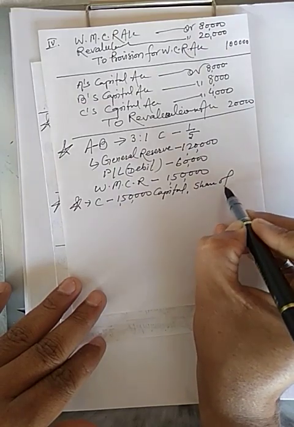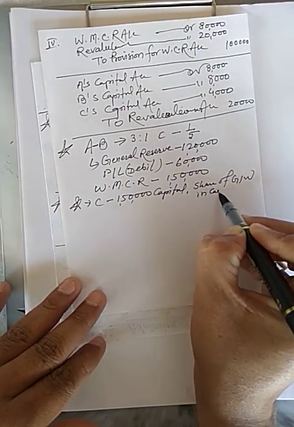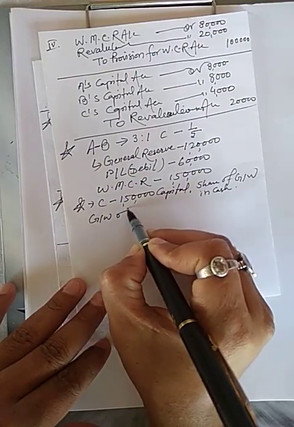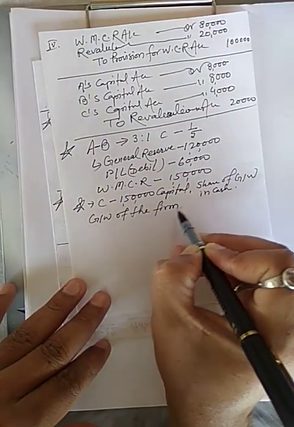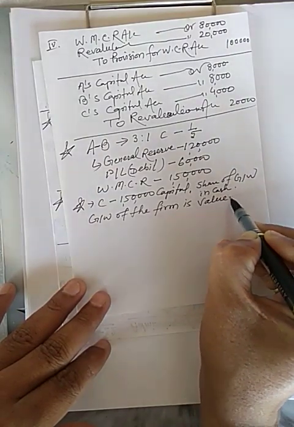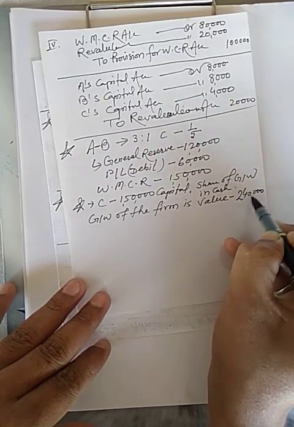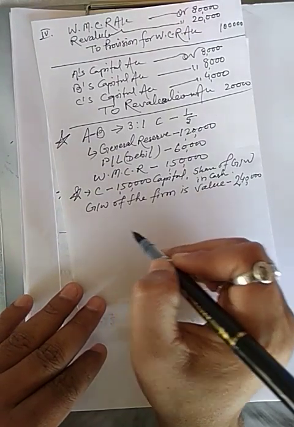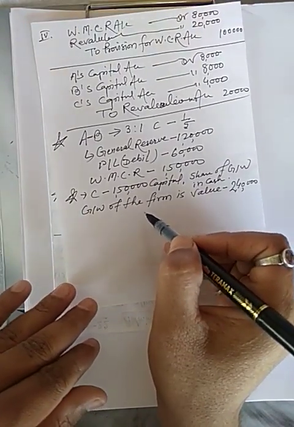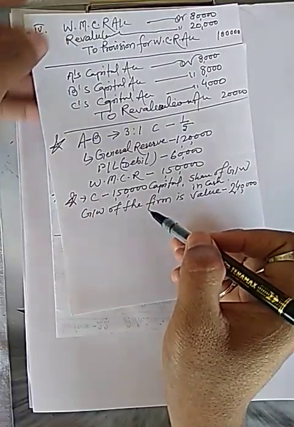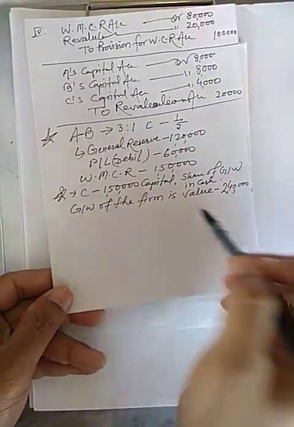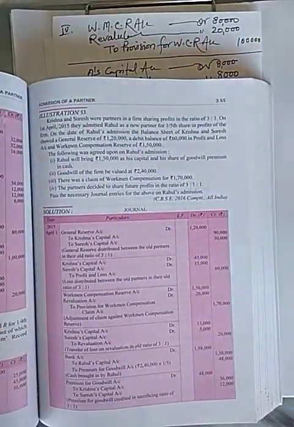The goodwill of the firm is valued at 2,40,000. There is a claim of workman compensation of 1 lakh, and you can see the illustration directly from the book. It will be fruitful, so see the illustration of the book directly.